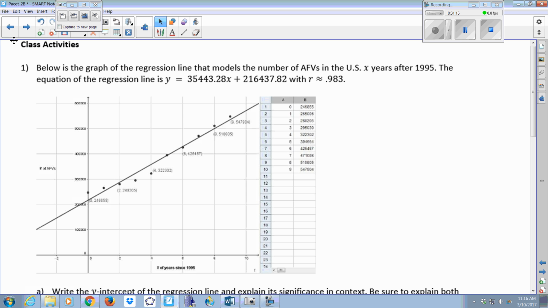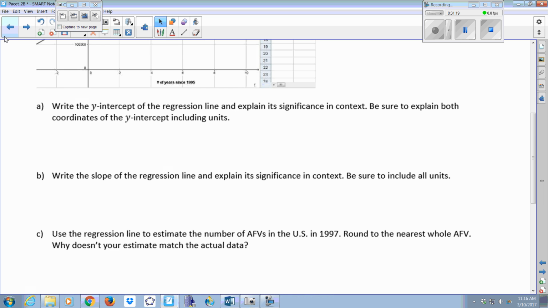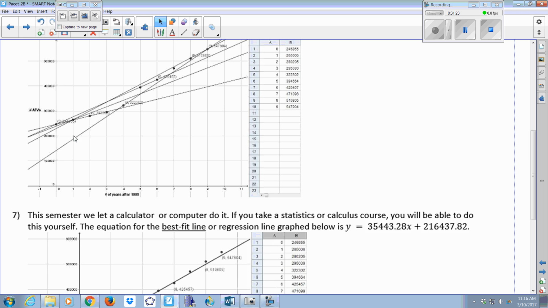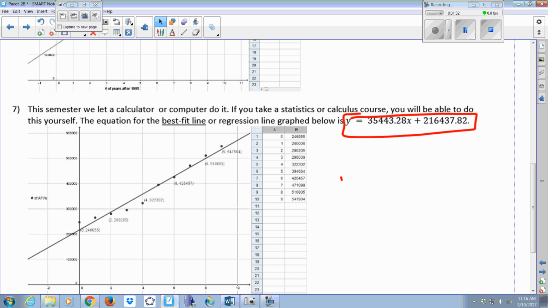I want to point out one more thing, folks. Back here, because I was going quickly since I want you all to have time. Here's the line of best fit. Here's the actual line.